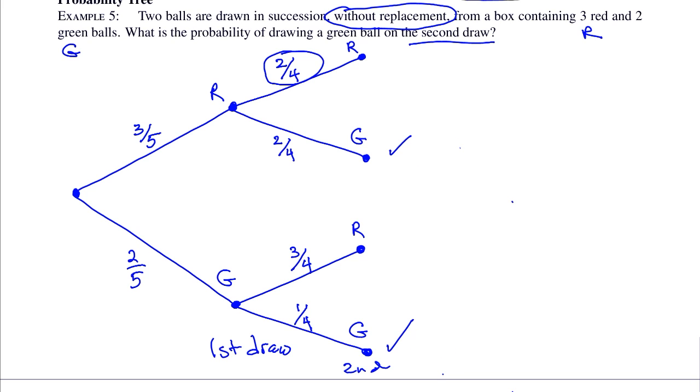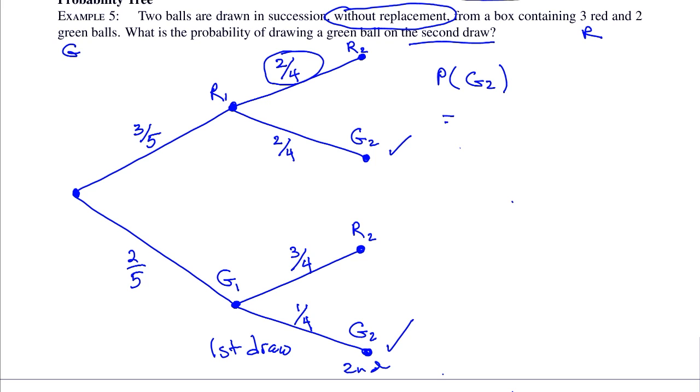Now, I'm going to relabel these as R1, R2, G2, G1, R2, and G2. We are looking for the probability of G2, a green ball on the second draw. As we mentioned, there are 2 ways to get there.